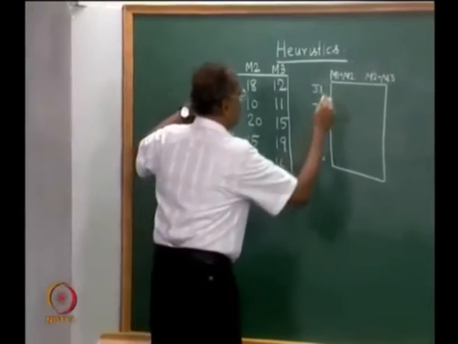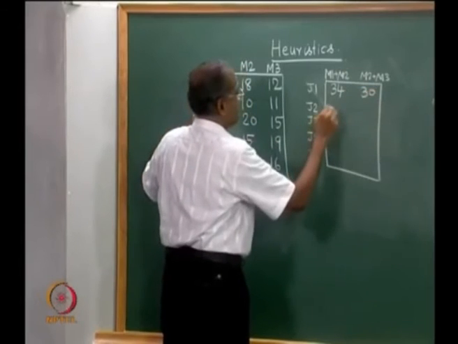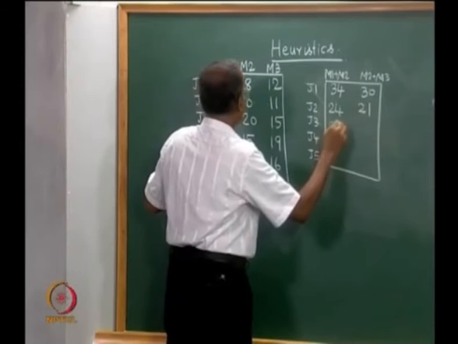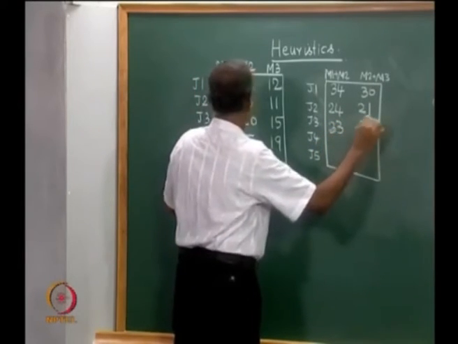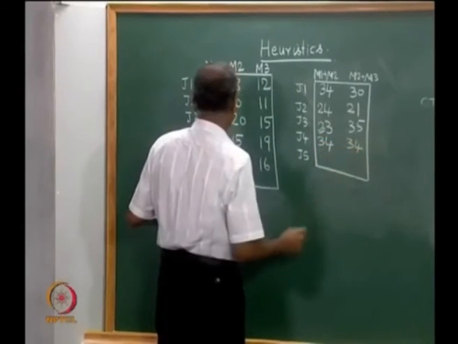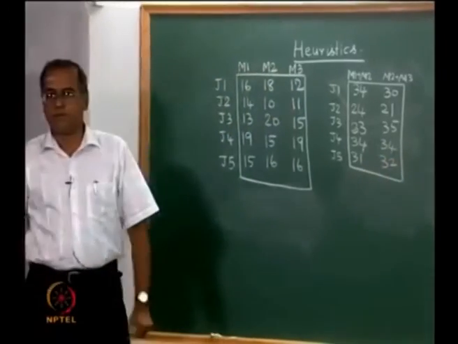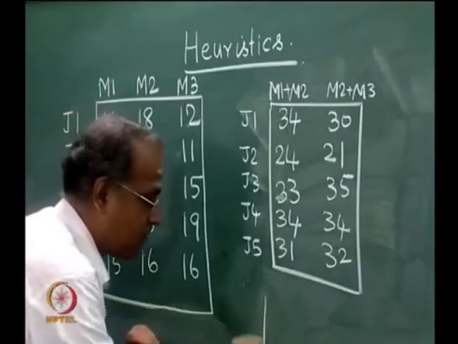So, this becomes 34, 18 plus 16, 18 plus 12, 30, 24, 21, 33 and 35, 34, 34 and 31, 32. So, now we make the Johnson sequence for this.